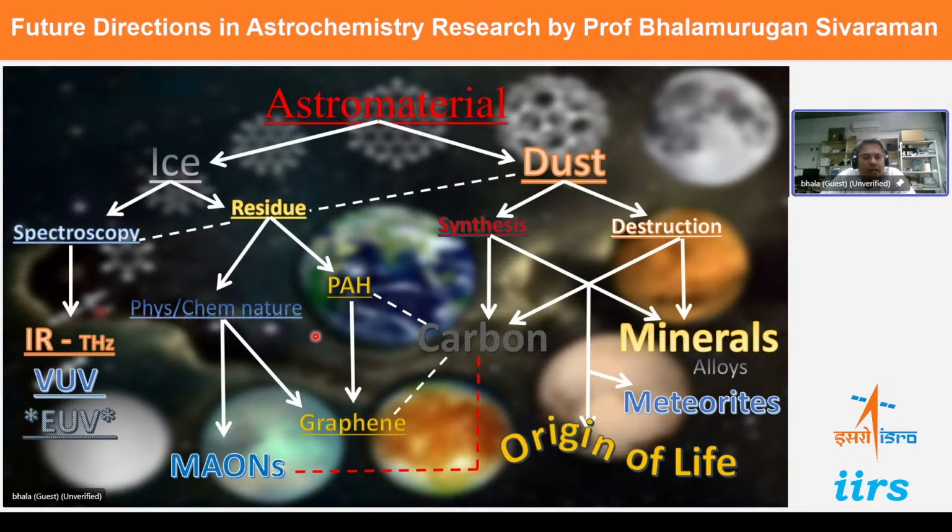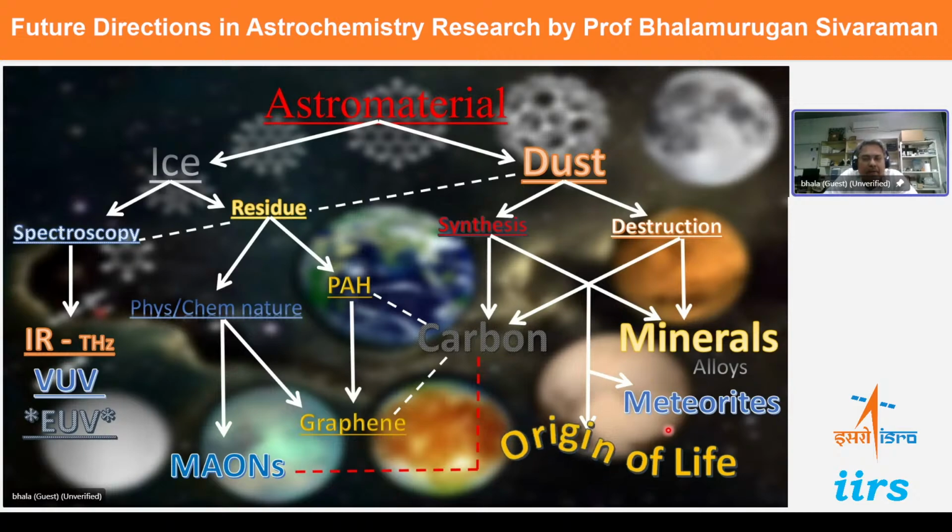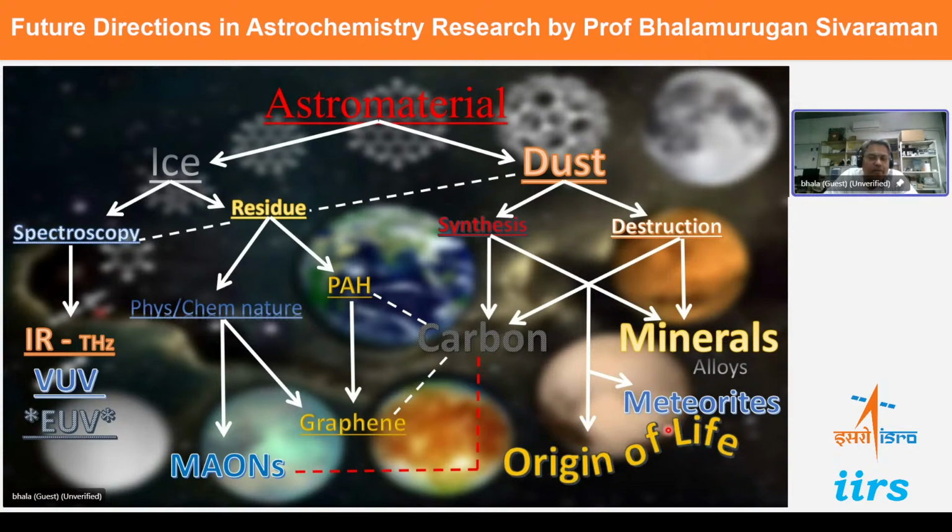Of course, everyone is trying to address the problem of the origin of life, and I've given meteorites here, and the evidence that we have got from meteorites so far. Meteorites are known to contain plenty of molecules of life.